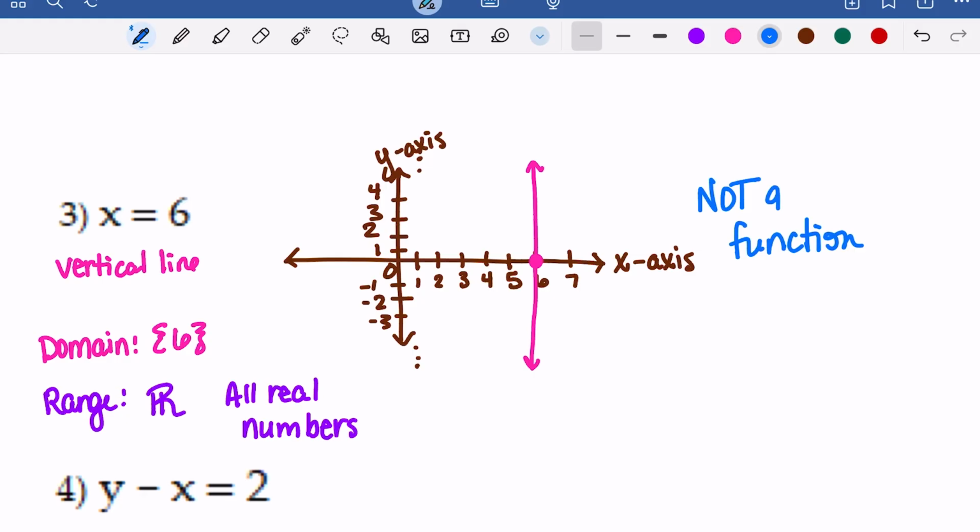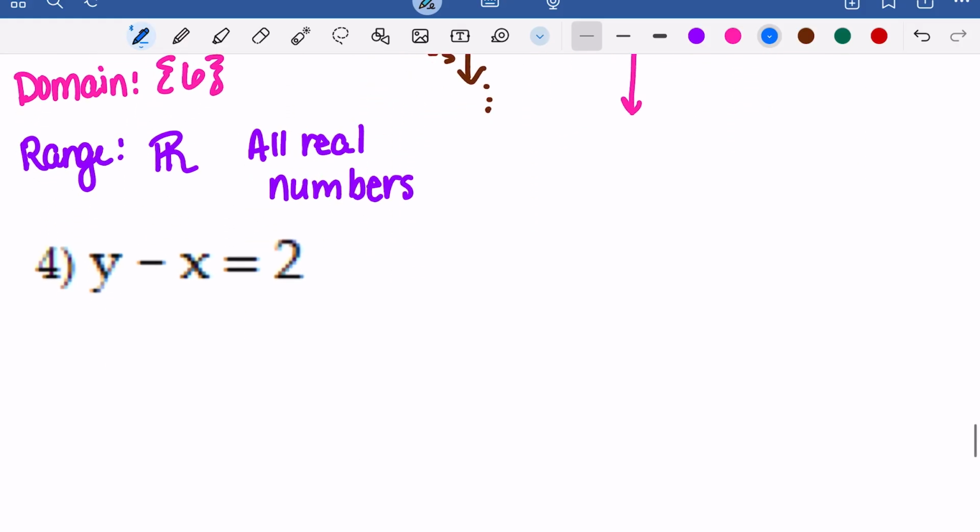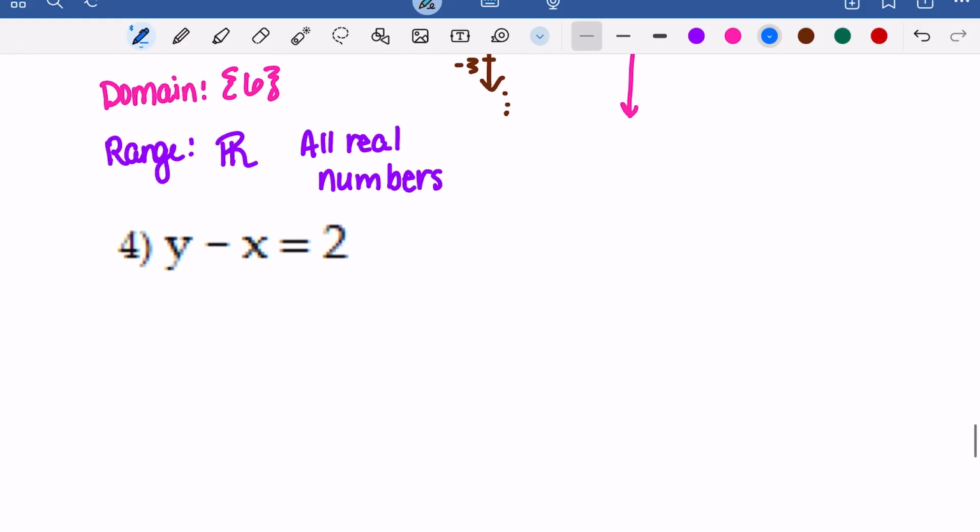All right, let's look at 4. So 4, we've got a function, and we can graph this. Remember, to graph these, we've got to get them in y equals form. So I need to isolate that y value. We're going to do that by adding that x to the other side.